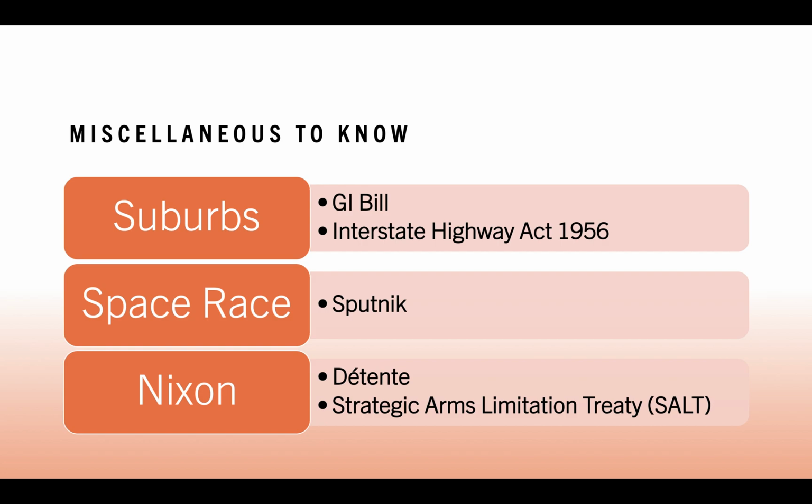One thing I forgot to put on our PowerPoint is Rachel Carson's Silent Spring. That book would end up on this slide here for miscellaneous to know. Rachel Carson's Silent Spring, remember, is about the impact of DDT, that pesticide that had been found to be negatively impacting our environment, which will ultimately lead us to putting in place environmental protections so that we start looking at what happens to the environment with all that we have been doing.